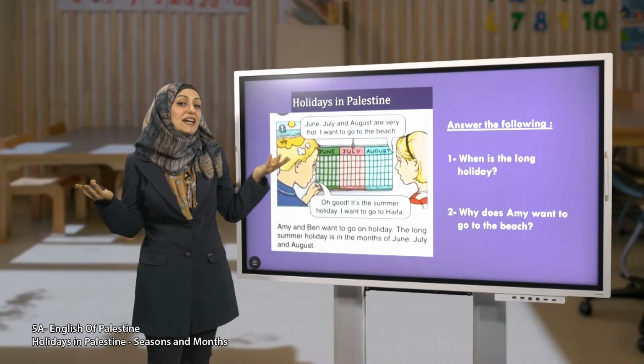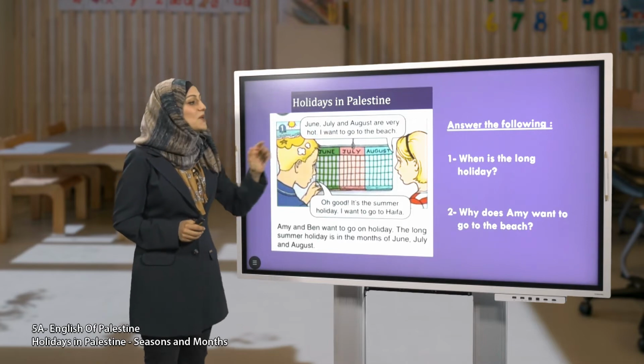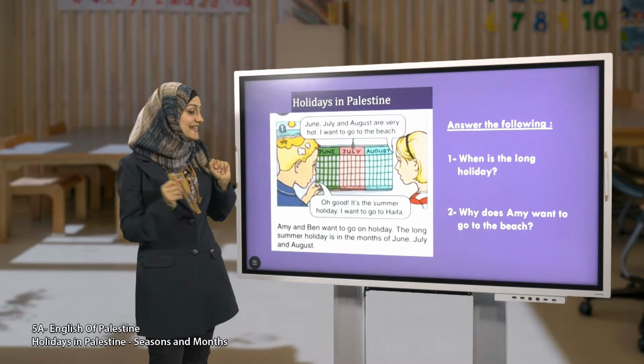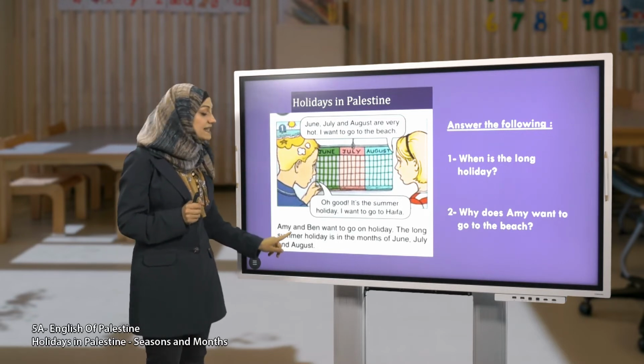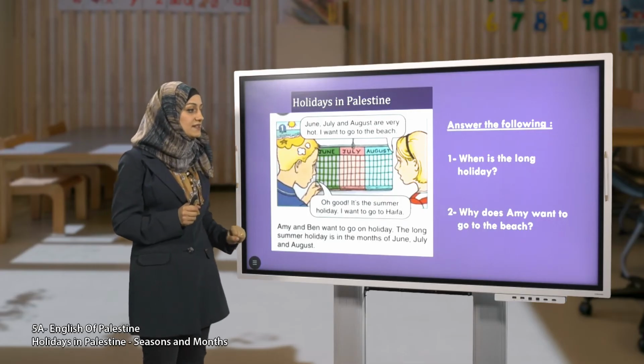Now, let's try to answer some questions. Question 1. When is the long holiday? Yes, the long holiday is in summer. It's in the months of June, July, and August. Very good.